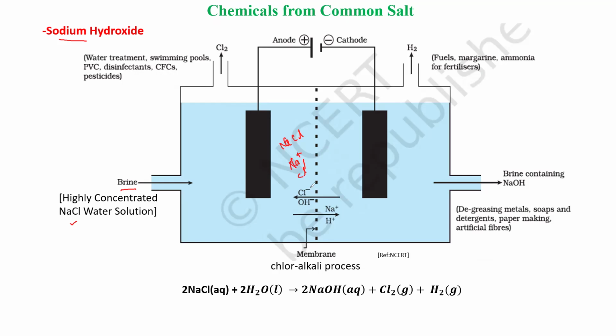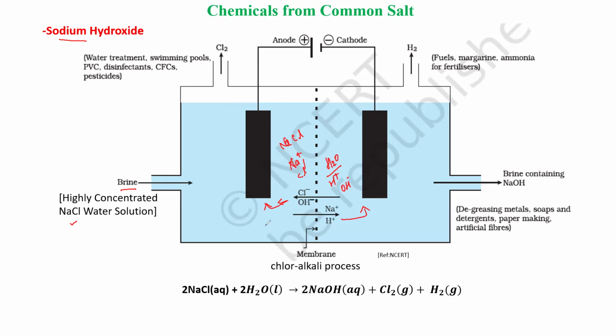Similarly, since the reaction is in water, the water molecule also separates into H plus and OH minus. So what we see is that the positive ions are called cations, and the cations move towards the cathode, which is negative in nature, whereas the anions, the negative ions, move towards the anode.